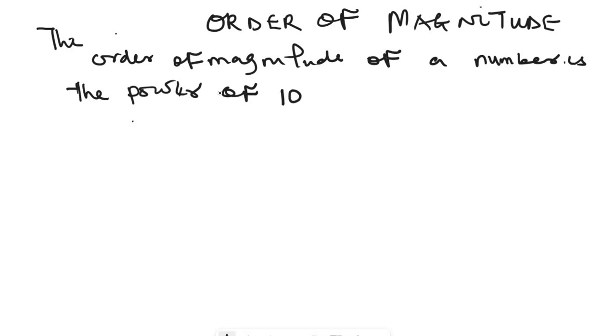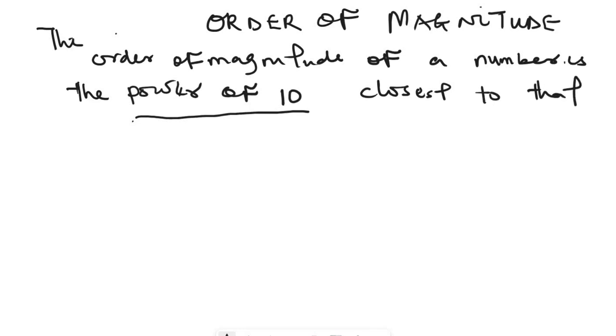Remember, I said the power of 10 closest to that number. So we use order of magnitude to know the size, how big a quantity is, or how small a quantity is.